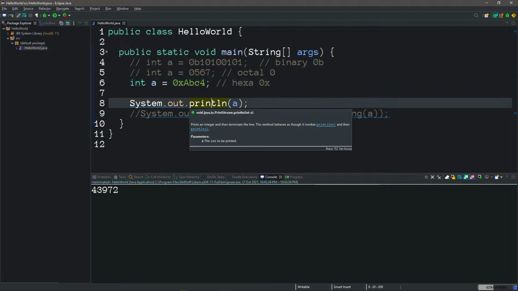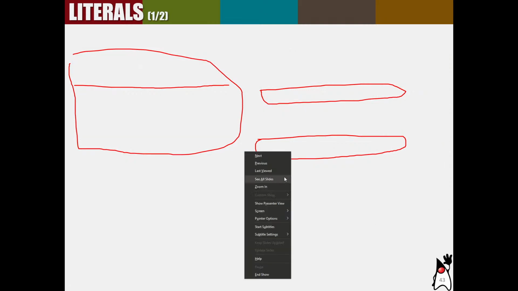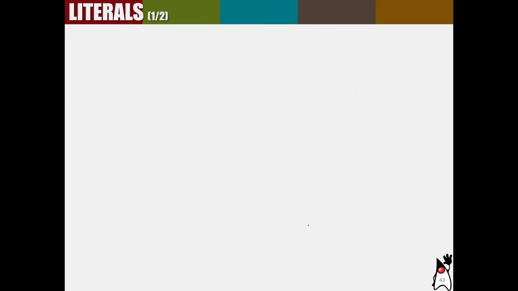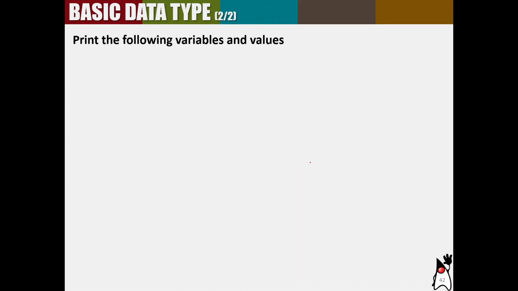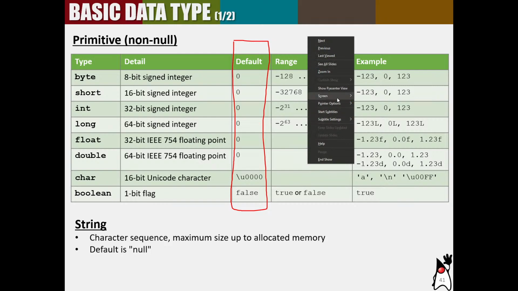So this is about literal. You have to know the difference between value and literal. A value refers to the exact syntax that you need to follow: numbers, characters, boolean.